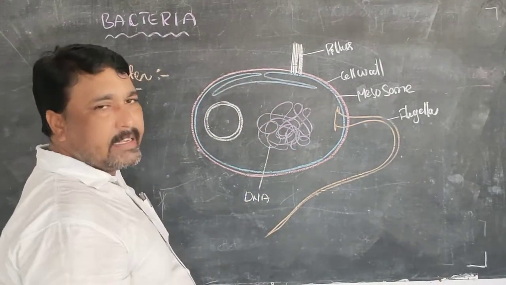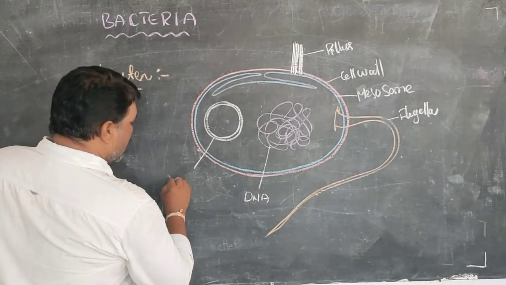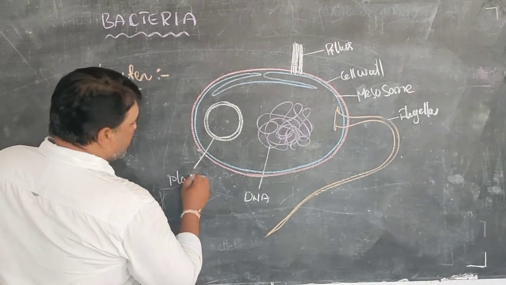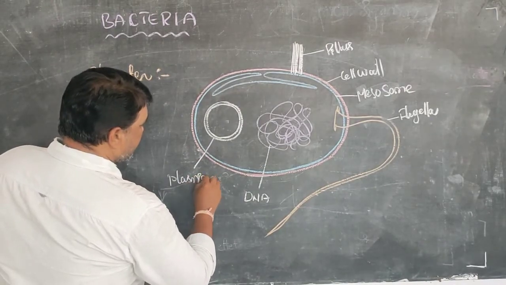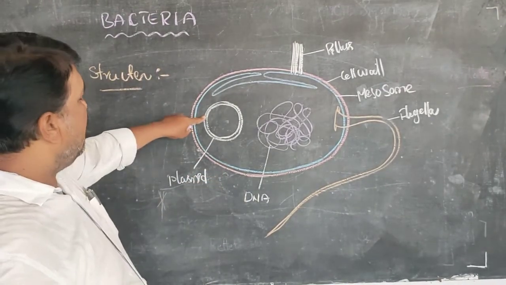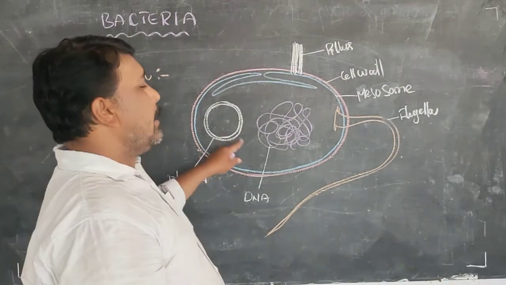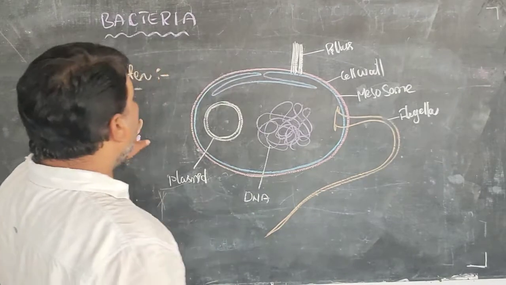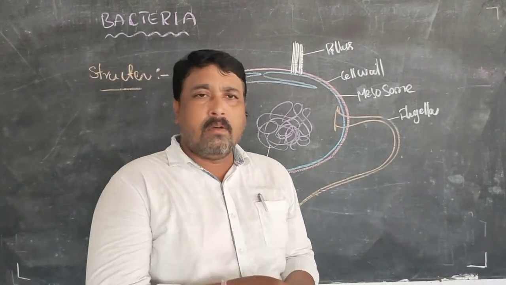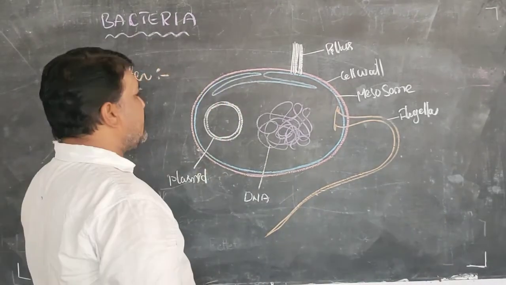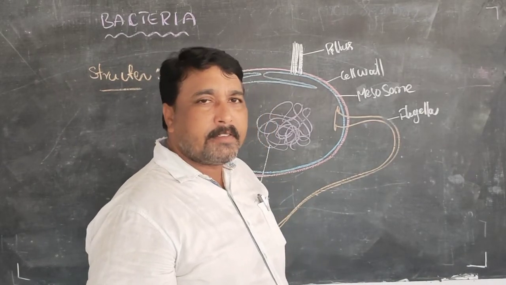It is a naked DNA structure. It also contains an extra-chromosomal circular form of double-stranded DNA, the plasmid. This is the structure of bacteria. Tomorrow we will discuss each and every part of the bacteria. Right? Thank you.